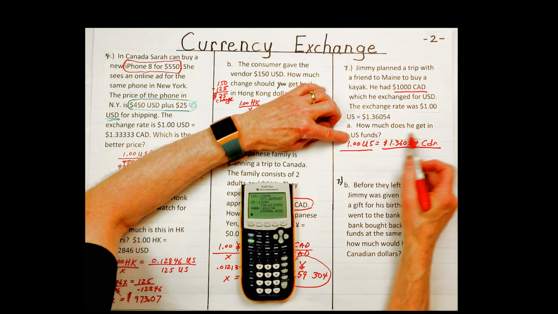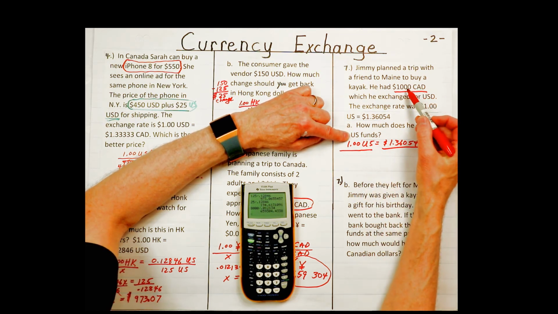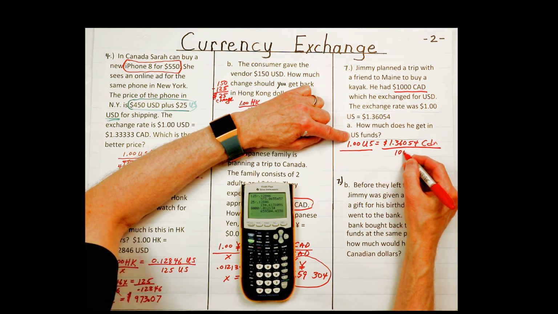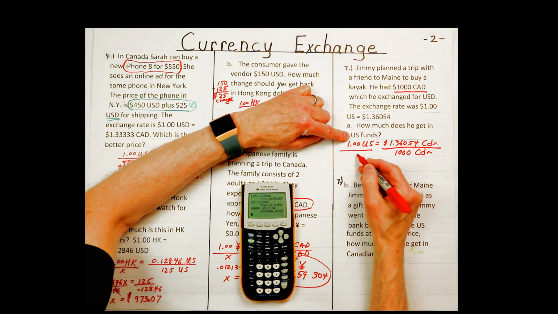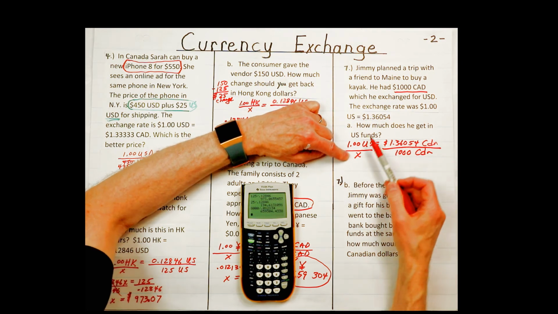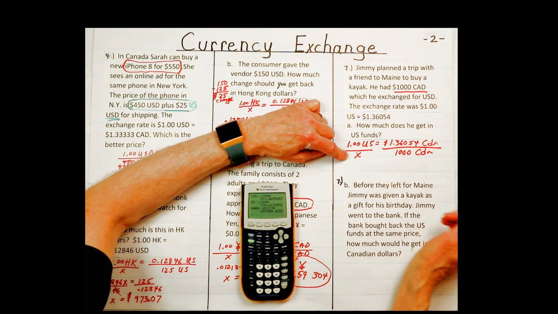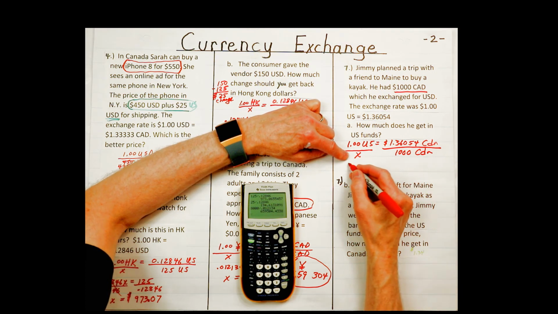And how much does he get in US funds? So the $1,000 has to go here with the Canadian funds. And we're trying to find out US funds, so X goes with the US funds.